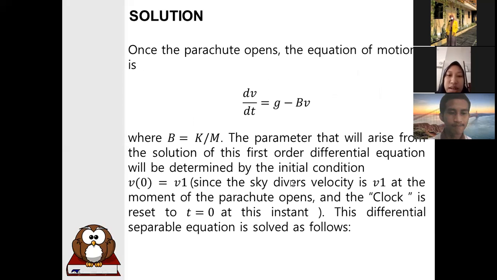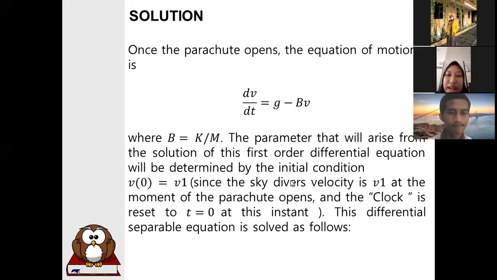For the solution, once the parachute opens, the equation of motion is obtained: the derivative of v with respect to t equals g minus bv, where b is equal to k over m.